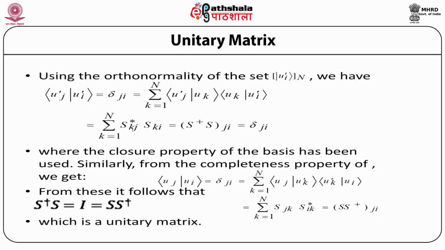Unitary matrix. Now let us take the scalar product with the ket vector u_j. So we get the expansion coefficient s_ji as defined by the relation s_ji is equal to bra vector u_j ket vector u_i'.